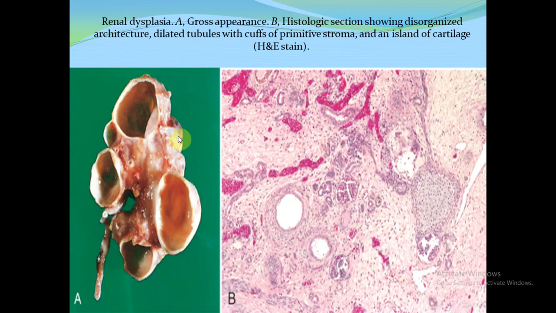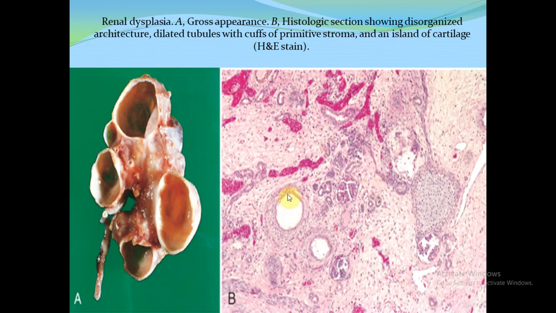Here we have renal dysplasia, which is one of the developmental diseases of the kidney, forming renal cysts. Grossly, it shows multiple cystic structures, and here we have the parenchyma.